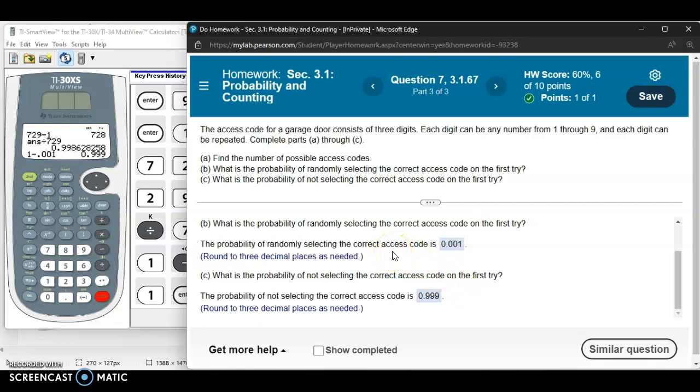The event of correctly guessing the code on the first try and the event of not correctly guessing it are called complements. So whenever you're asked to find the probability of a complement, and you know the probability of the original event, then the probability of the complement is equal to 1 minus the probability of the original event.